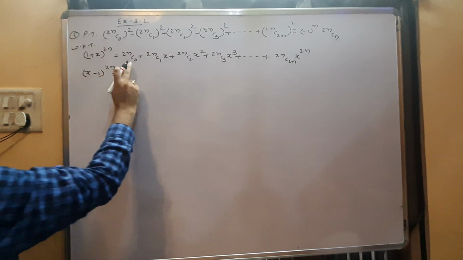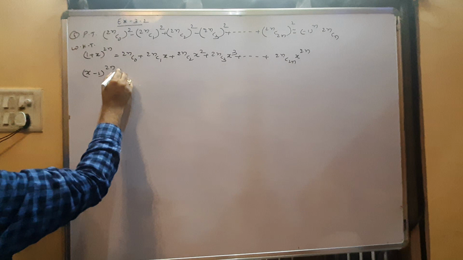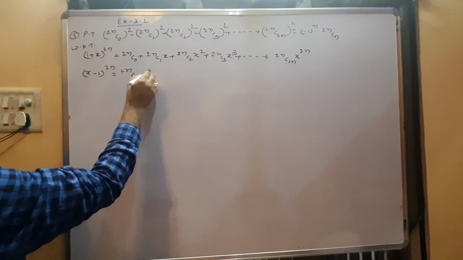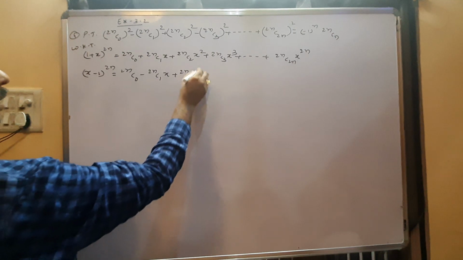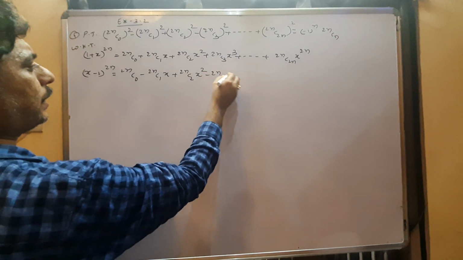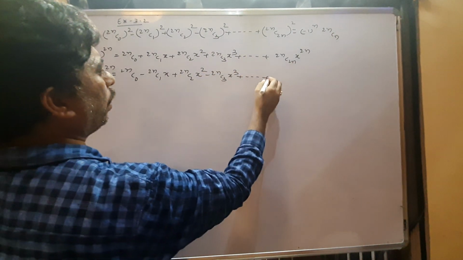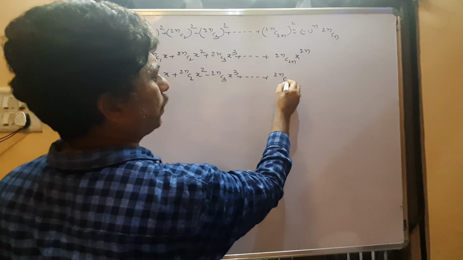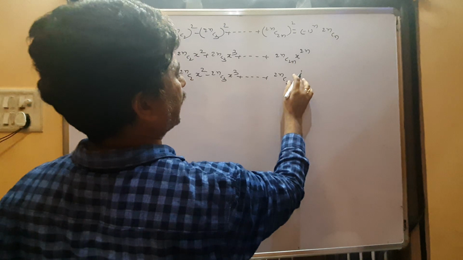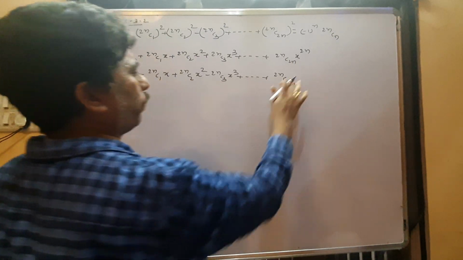Because of the minus, alternately you get plus and minus: 2n C0 minus 2n C1 x plus 2n C2 x square minus 2n C3 x cube plus and so on. n is even, so plus will get 2n C2n, x power 2n minus 2n means x power 0 is 1.